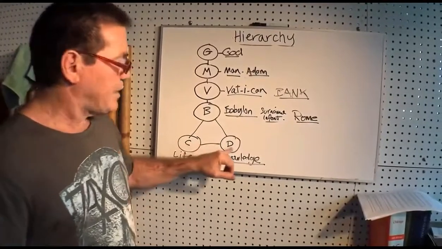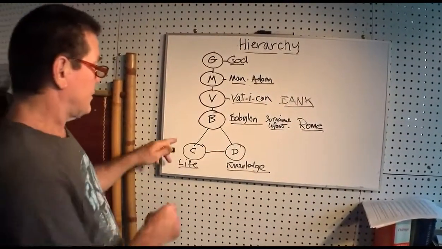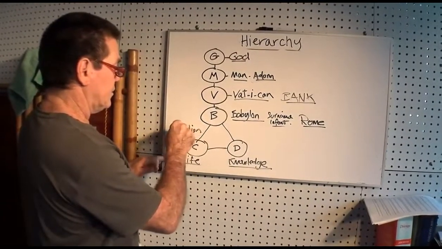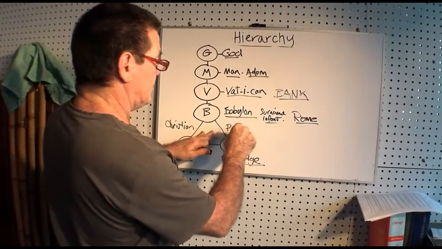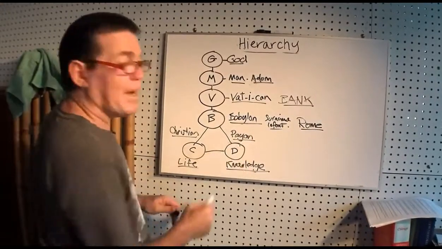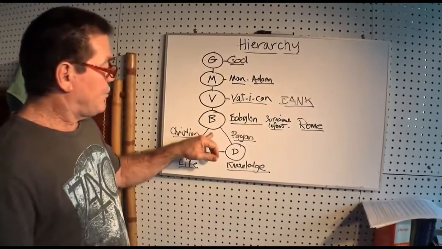Now the trick down here to create the creditor and the debtor, these two accounts are called the Christian and the pagan. Christian and pagan account.